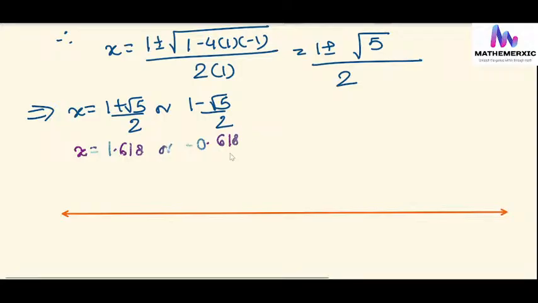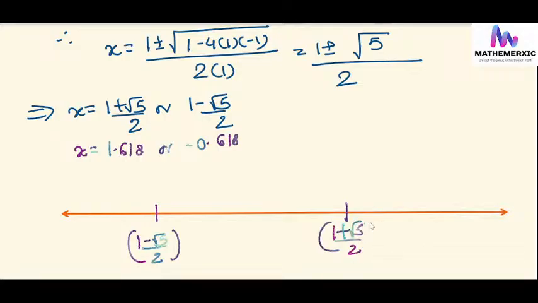So these are the values: this is 1 minus root 5 and this is 1 plus root 5. This is written here.